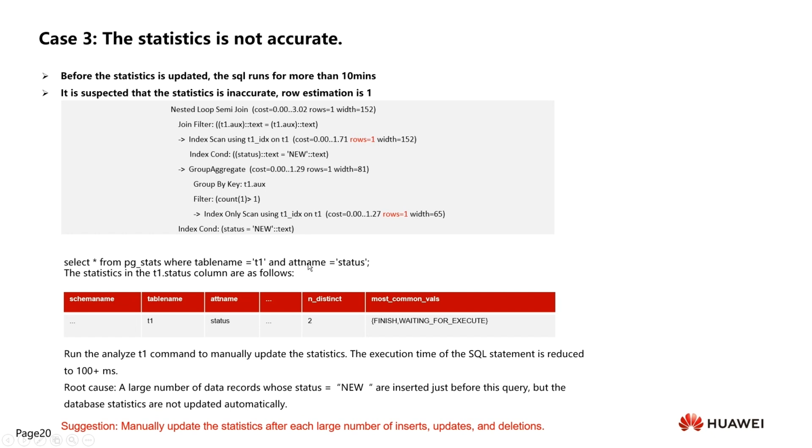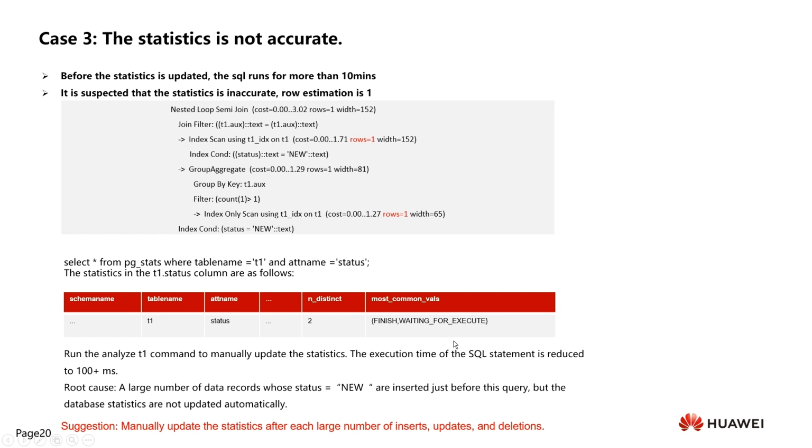And in fact, what we have here is a scenario where a large number of rows with the status column value new has just been inserted into the table. And that's why we don't see new appearing anywhere in the most common values or indicated by any statistics. That's also why the estimate is equal to 1: there is only the default 1 row for the value new in the statistics.